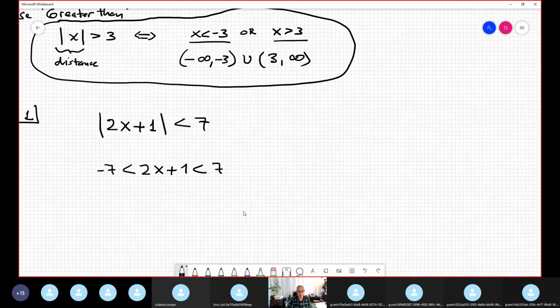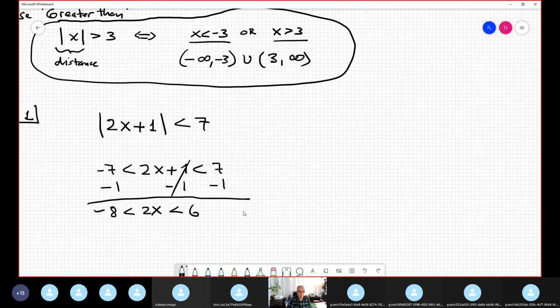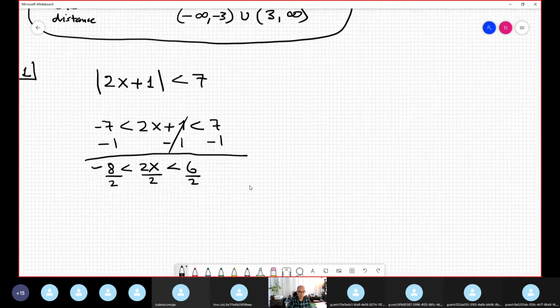At this moment, you have a compound inequality and you solve it. Subtracting 1. Divided by 2. And when you divide by 2, you get negative 4, this is x alone, and this is 3.